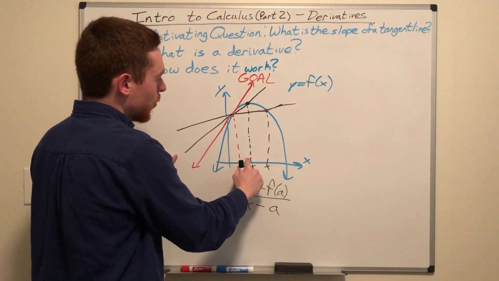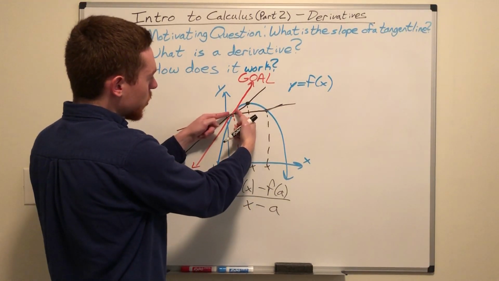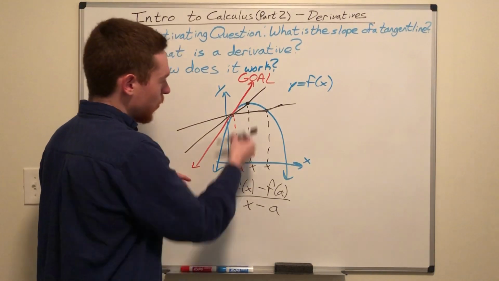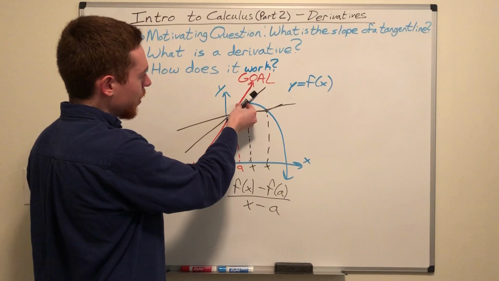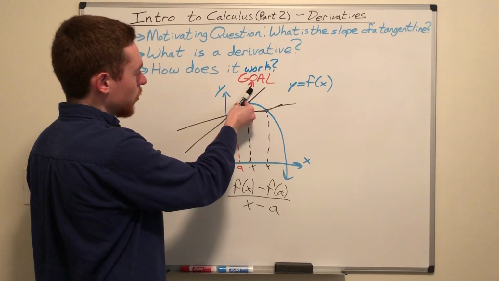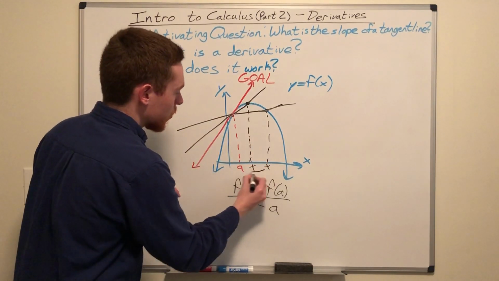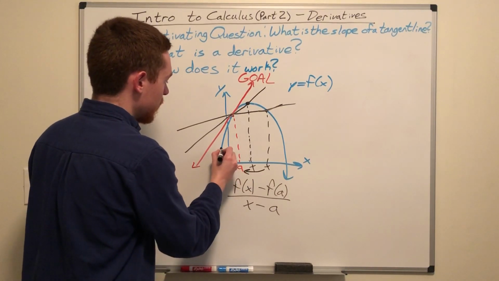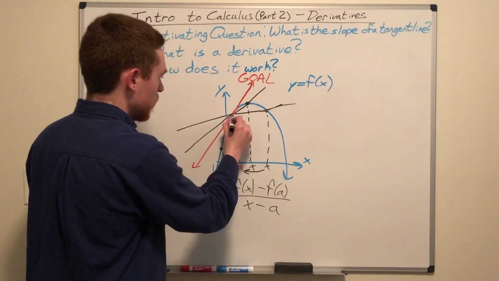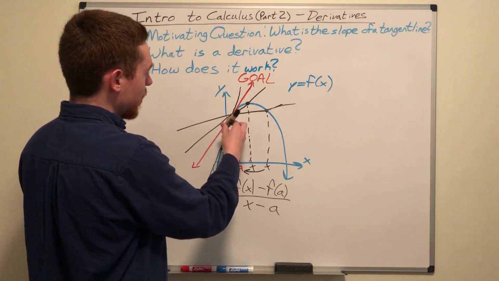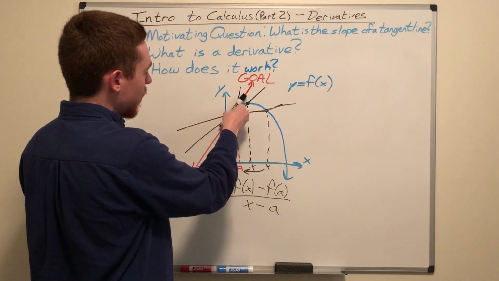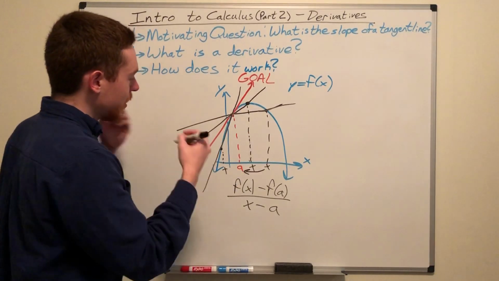And so what we want to do is keep moving x closer and closer to a. And what we'll find is that as we move x closer and closer to a, we arrive at our goal. And so we have to do that from both the right and the left. When we do that from the right and the left, we arrive at our goal, our tangent line.